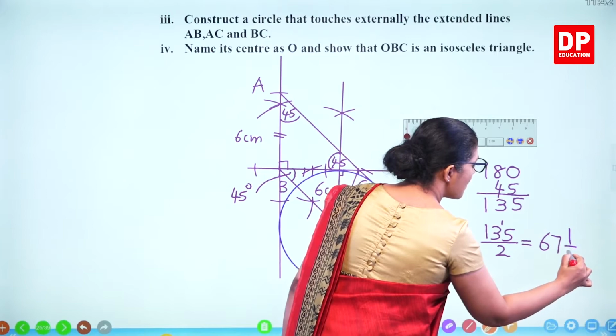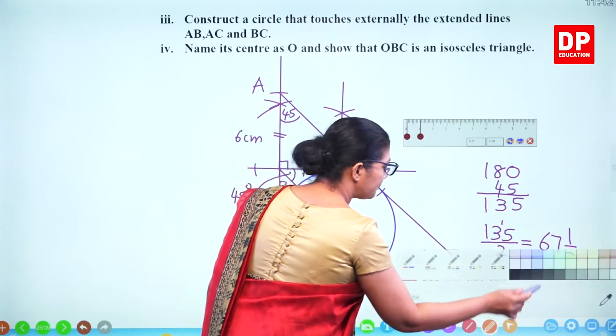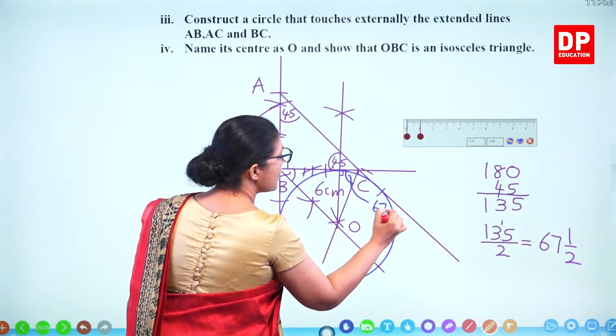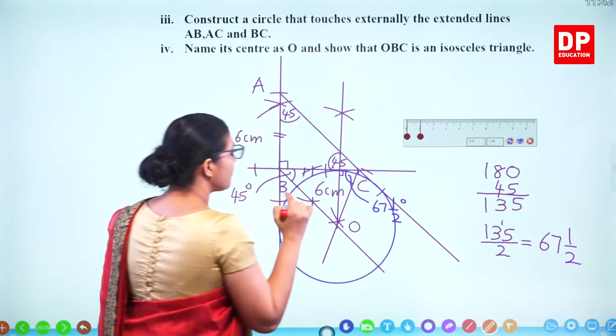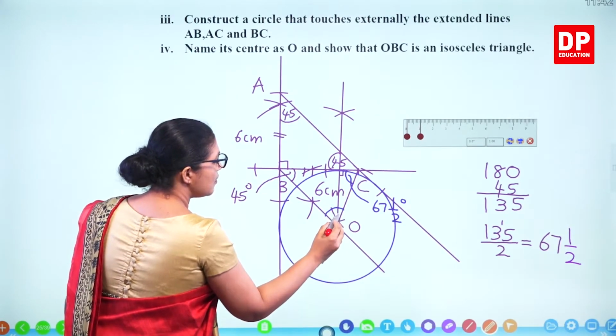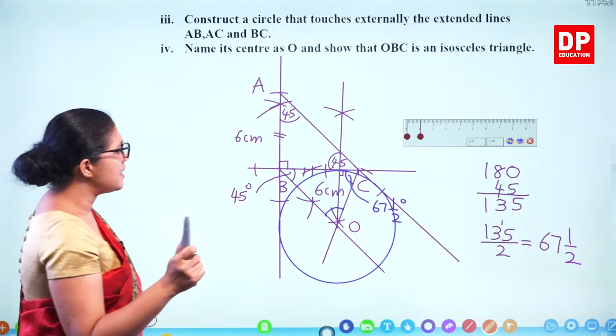So 67 and a half is this angle. This angle is 67 and a half. This is 45. So what is this angle? You can calculate by taking 180 minus that.